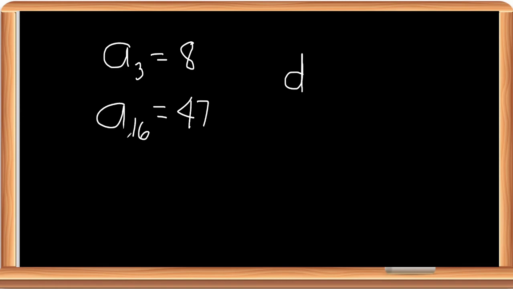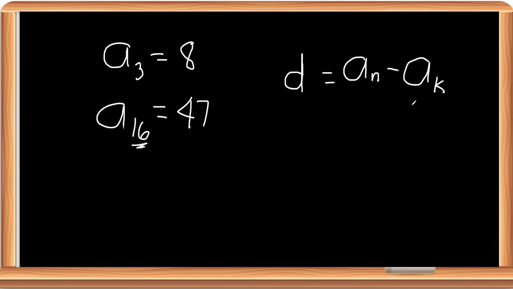Ngayon para makuha mo yung common difference, ito yung formula na gagamitin nyo. You have d equals a sub n, okay, yung pinaka-last, ito yung pinaka-a sub n mo. And then, minus mo siya dun sa a sub k, kung saan yung pinaka-una. Dito ka nag-umpisa sa a sub 3 eh.